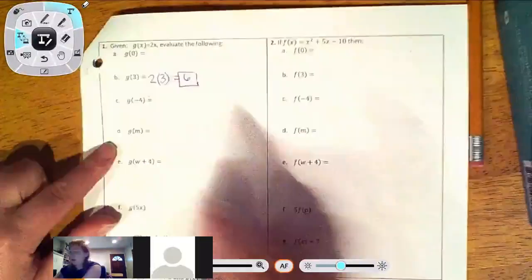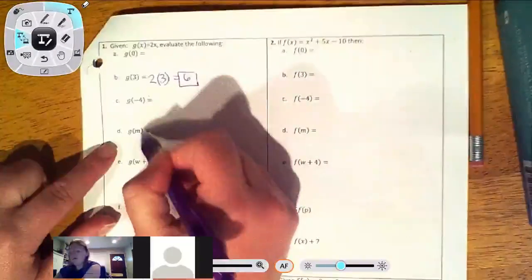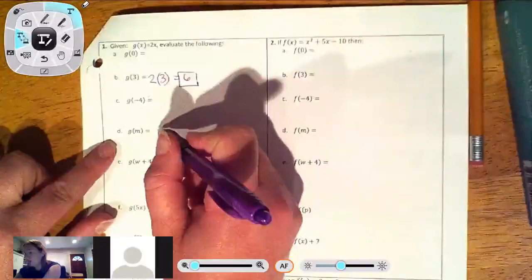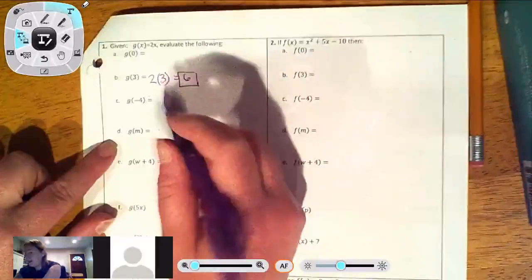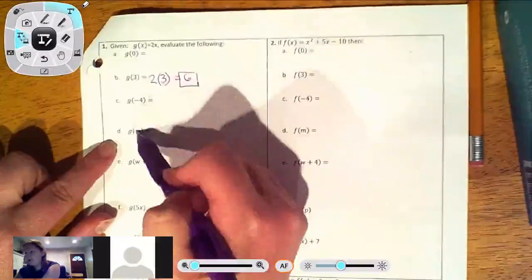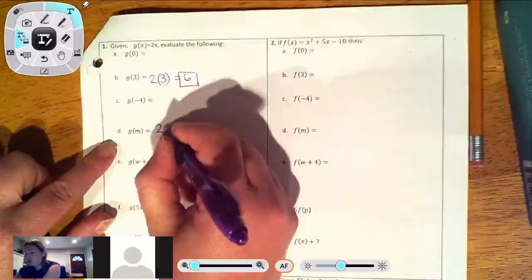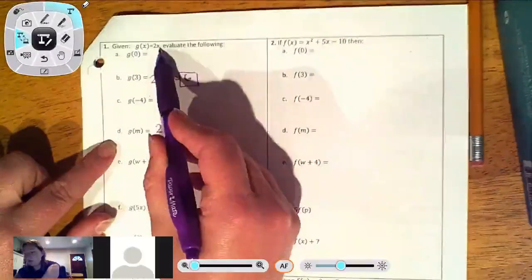Sometimes you have letters or variables or even that black box symbol of some sort in there. G of m would be, instead of having an x in here, you have an m. Again, you're just always doing 2 times what was in the parentheses.